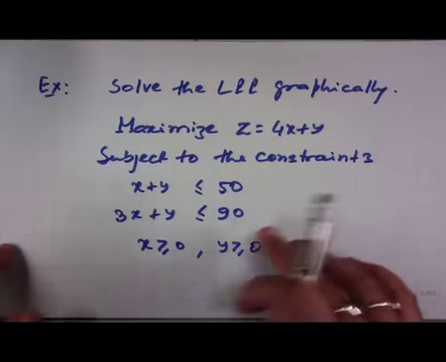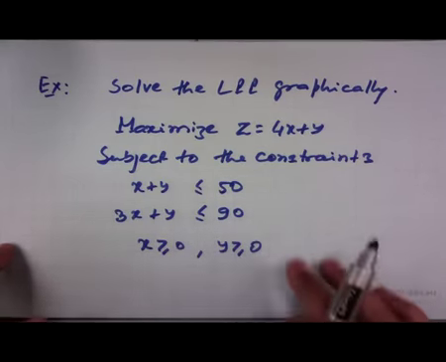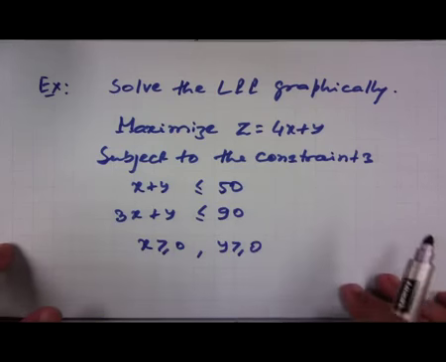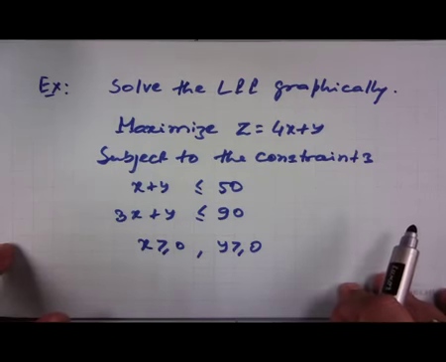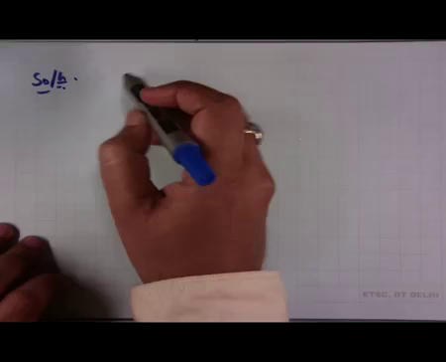Now first of all, define the feasible region for the given constraints x plus y less than equal to 50, 3x plus y less than equal to 90. Solution.